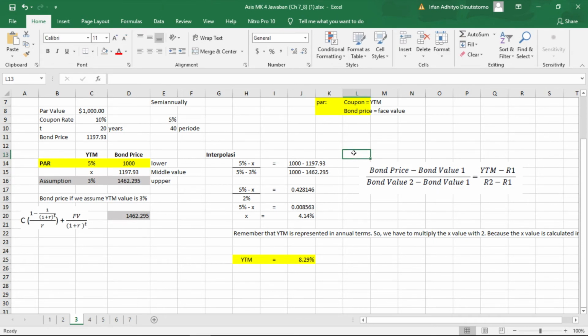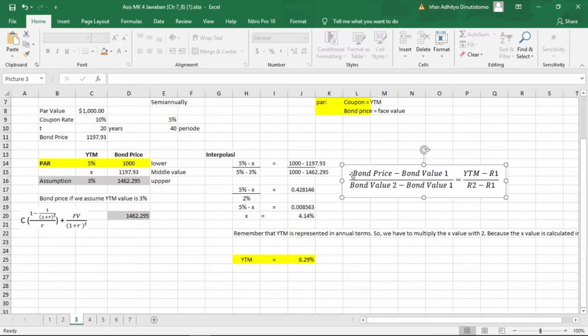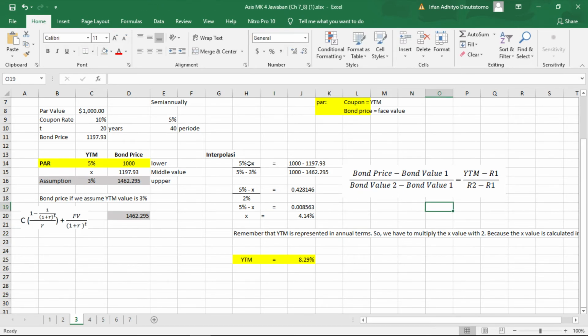So this is the bond price minus bond value 1 equals to yield to maturity minus required return, the first required return, the required return of bond 1, and so on and so on. So this is 5%. That in yield to maturity 5%, you have a bond price of 1,000 minus x. Actually, you haven't known what the bond value of the x is, right?